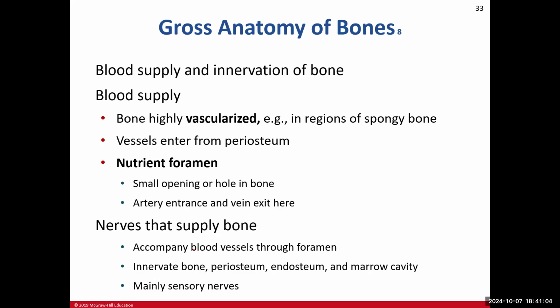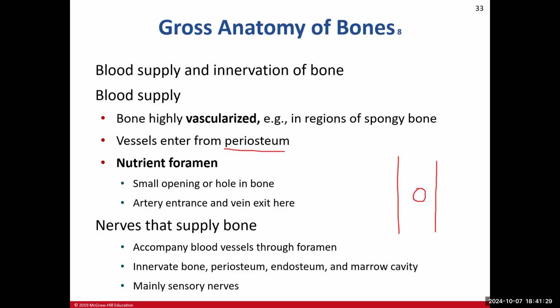So where do they enter into your bone? They're going to enter from the periosteum. And if we're talking about a long bone, usually mid-shaft, you'll have a hole, and I'm drawing it much bigger than what it is. It's usually about as big as the tip of your pen or pencil. And so this hole usually goes right into the diaphysis there.